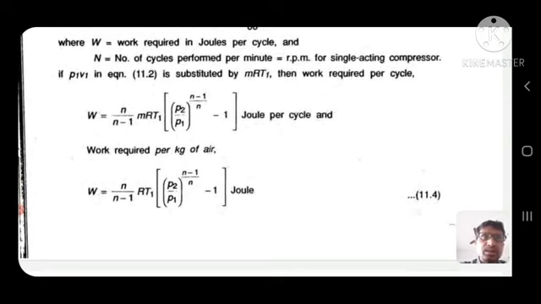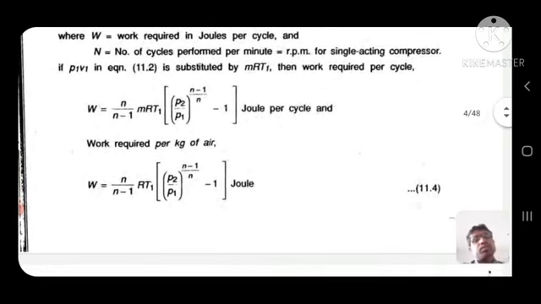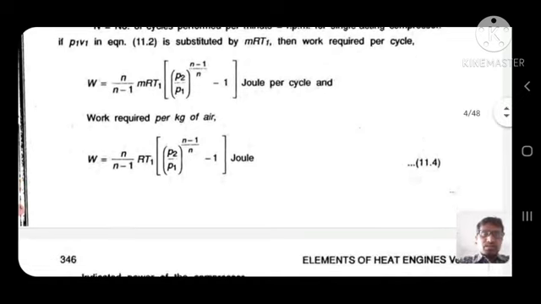N is equal to the number of cycles performed per minute, equal to RPM for a single acting compressor. If P1 V1 in the equation is substituted by m R T1, then the work required per cycle W is equal to n by (n minus 1) m R T1 [(P2 by P1) to the power (n minus 1) by n, minus 1] joule per cycle.